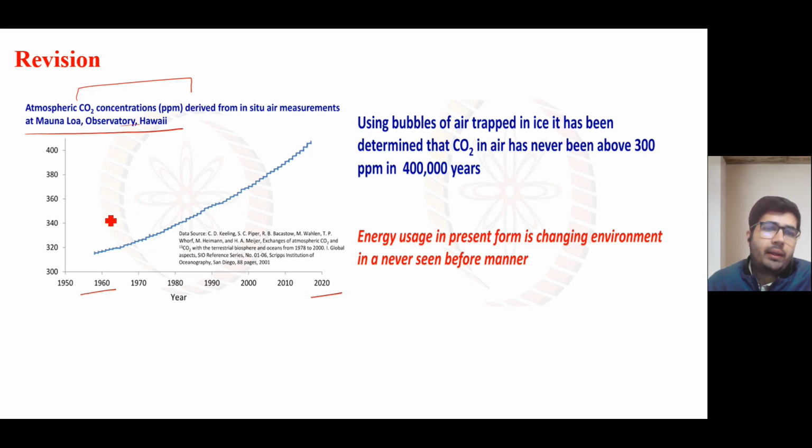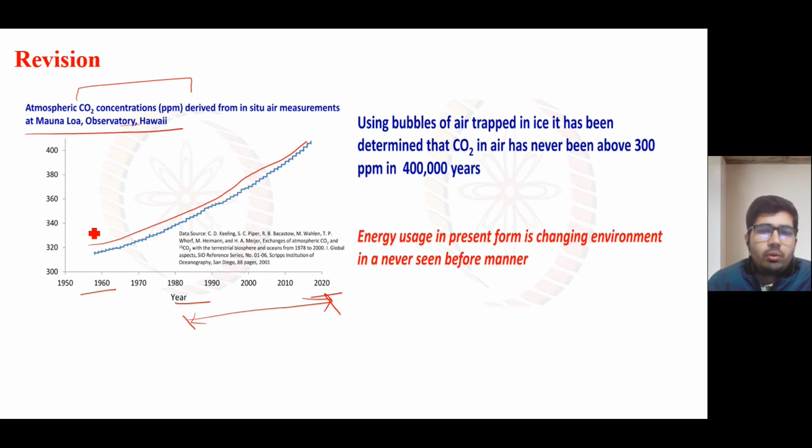The main thing is that as the years increase, the ppm level is increasing. You can see that for the last 30 or 40 years, the slope of increment is getting steeper and steeper.